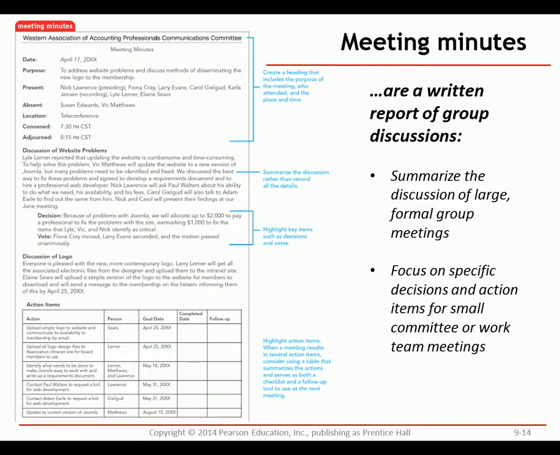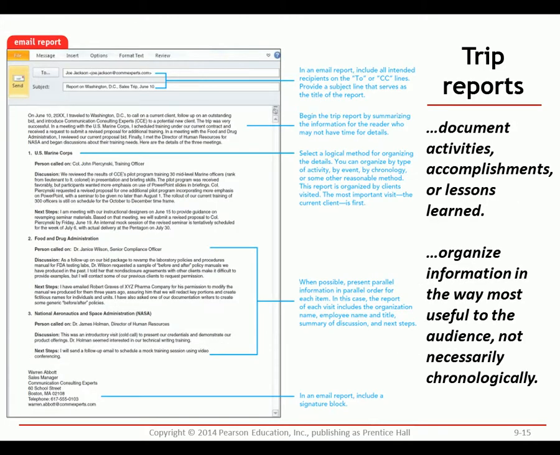When you return from a business trip, your manager might ask you to write a trip report, to document your activities and to share what you accomplished or learned. The biggest mistake writers make in preparing trip reports is to organize them chronologically in narrative style. Instead, identify the most useful way to categorize the information from the audience's perspective.